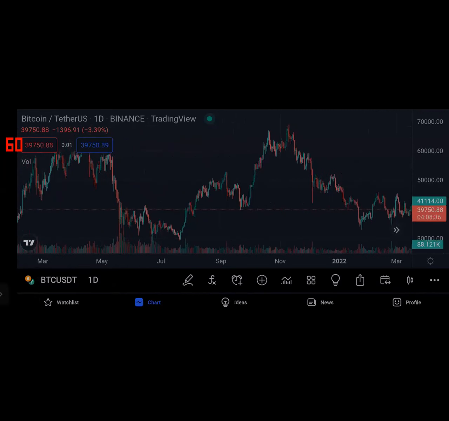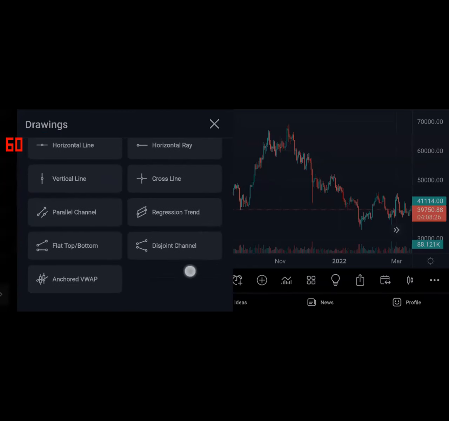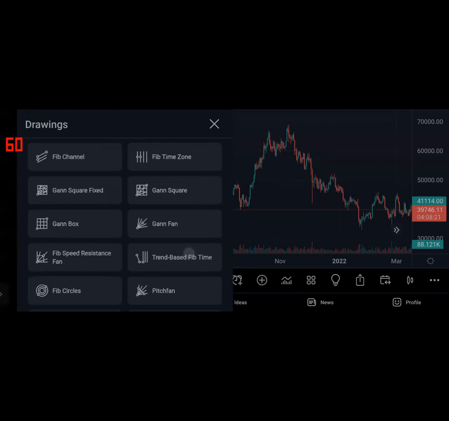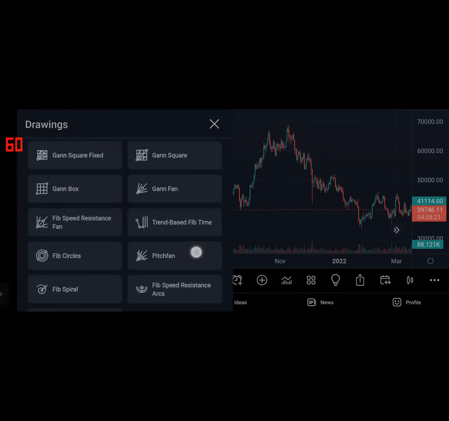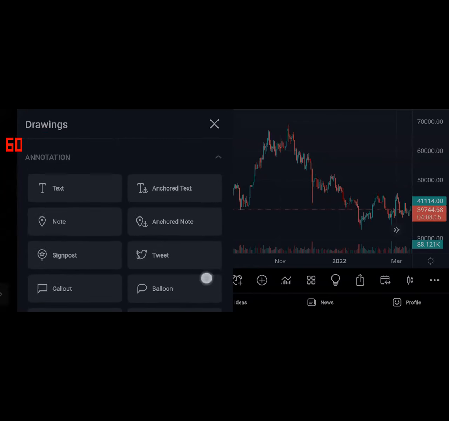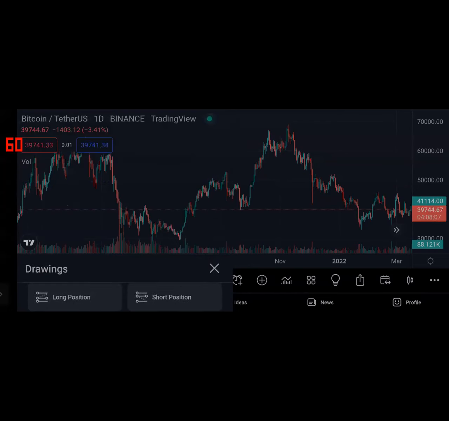Now, let me bring my lines. I'm on this updated TradingView, it just changed everything. It doesn't look like how it used to for me. Okay.